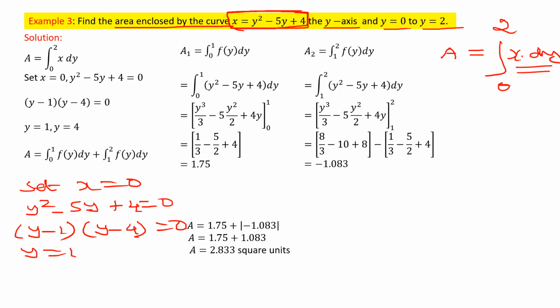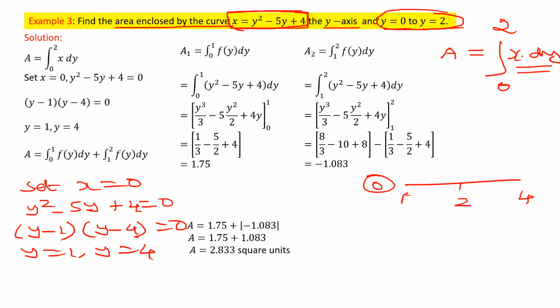That means y equal to 1 and y equal to 4. So we have y equal to, the values are 1 and 4. But what is the value given in the problem? Y equal to 0 to 2. So 0 lies outside the interval, and here we have 2.